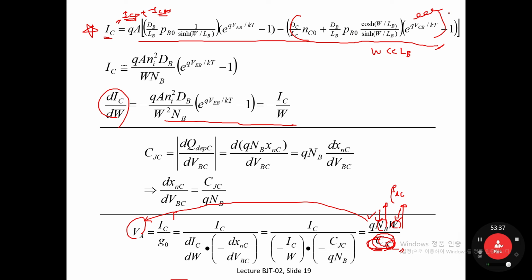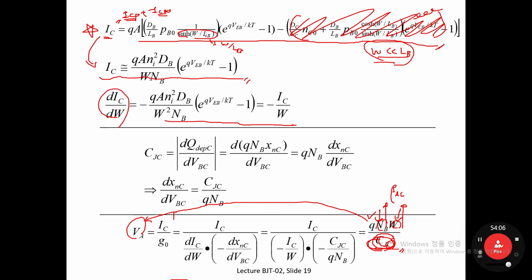If you cannot remember what happened in this process, please go back to my previous movie clip and review how to get the full equation for collector current. Anyhow, let's ignore this term. Then you end up with this very simple equation. Even this hyperbolic function can become W over LB if W is much smaller than L sub B. Then you simplify the equation shown in the first line as follows.